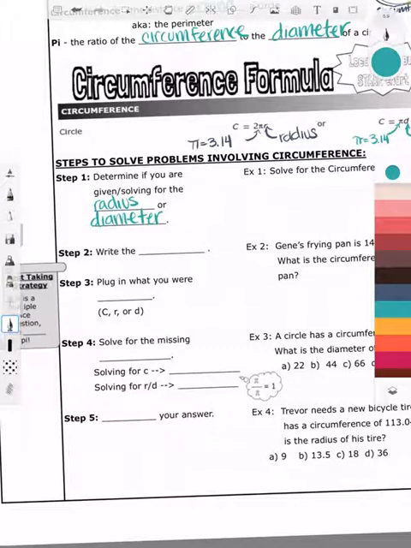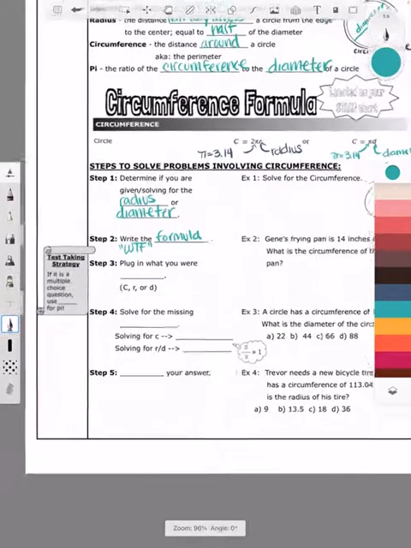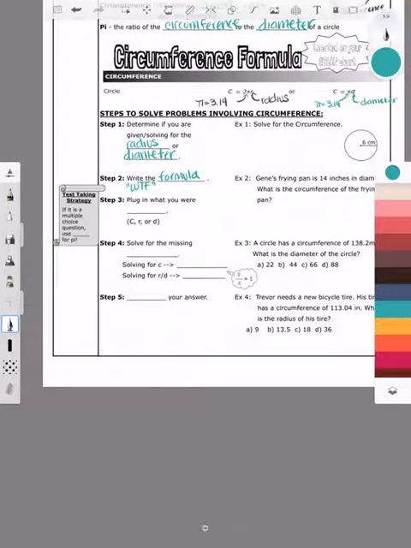Step two, you're going to write the formula. In my class, you know I love saying WTF. WTF stands for write the formula. So you are going to write the formula.